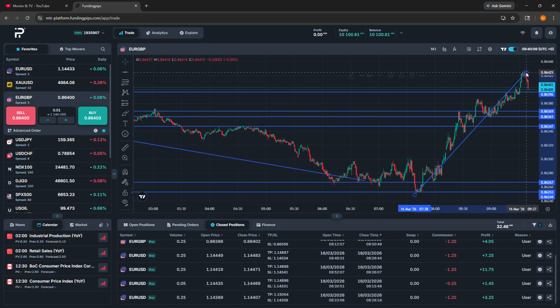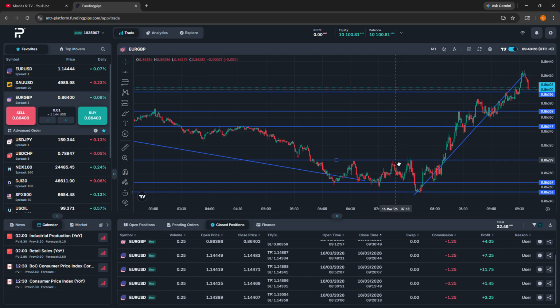So what I waited for was the price to be nearly here, somewhere above here. Because if the price is above this point, it's possible that even if it's up here, it's going to come back down.